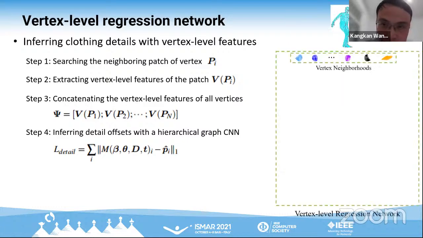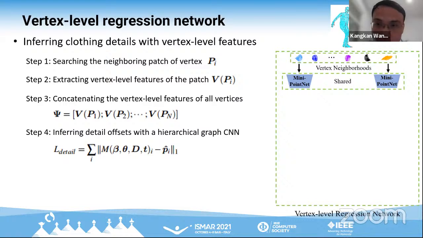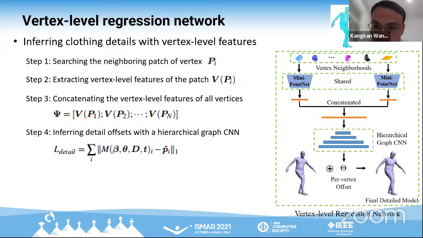The points in the patches are then encoded with a mini PointNet to generate the vertex level features. The features of all vertices are then concatenated. From the vertex level features, we adopt a hierarchical graph CNN to infer the detail offsets.